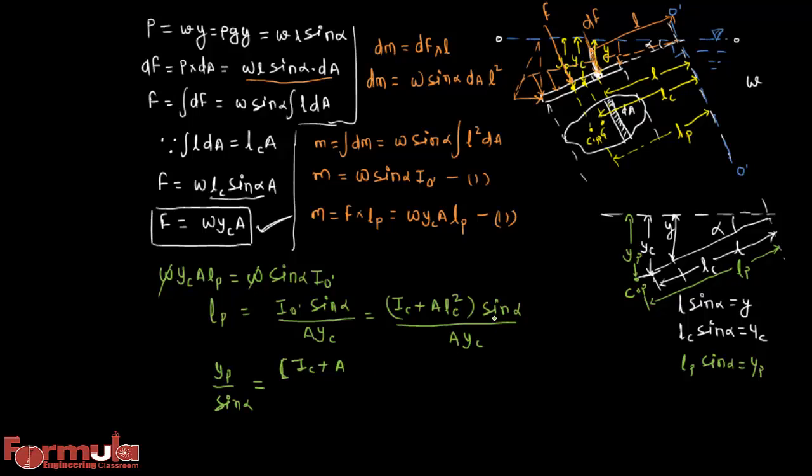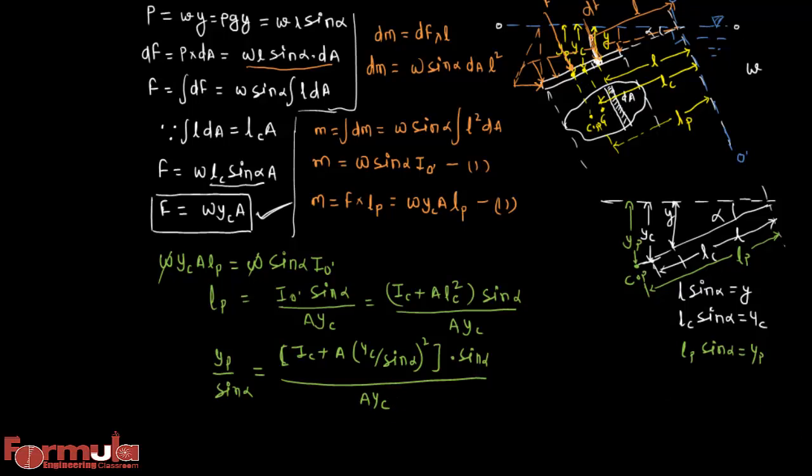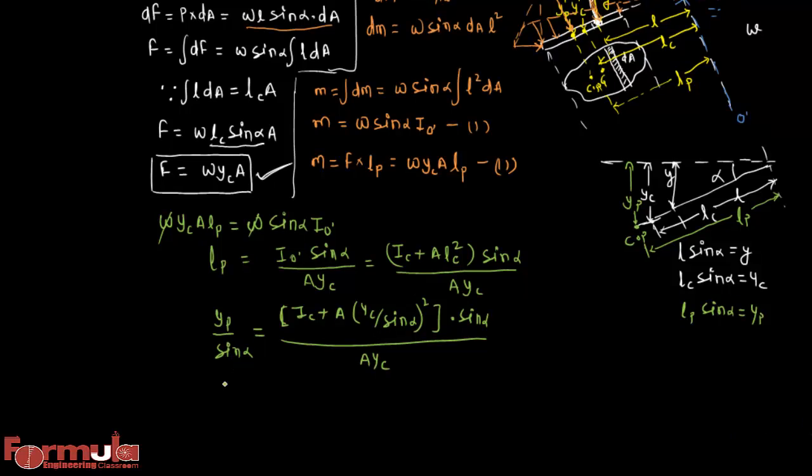So what is LC in terms of YC? LC will be equal to YC by sin alpha. So we can write this is YC by sin alpha whole square into sin alpha, and whole divided by A YC. So let's simplify this one. From here we can write this is IC sin alpha divided by A YC. Let's first multiply the sin alpha here.